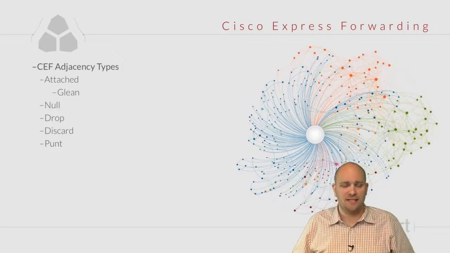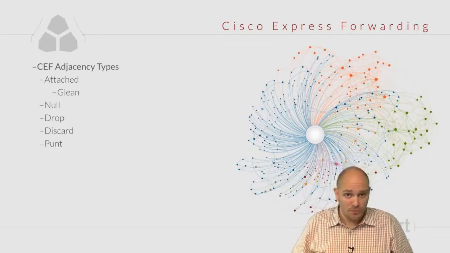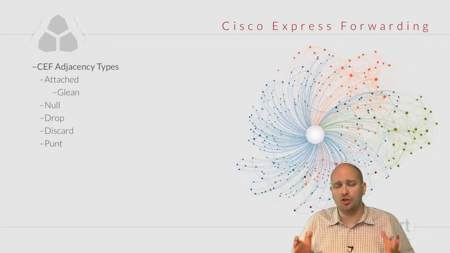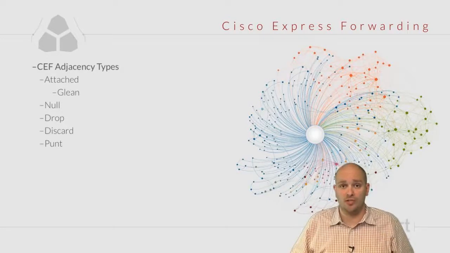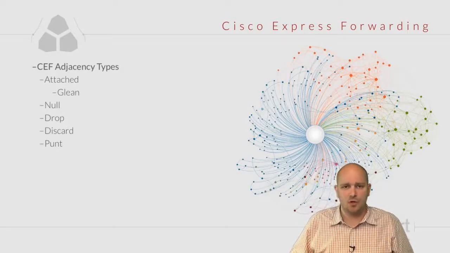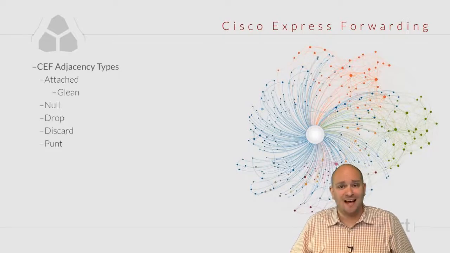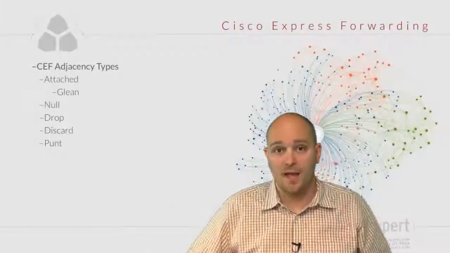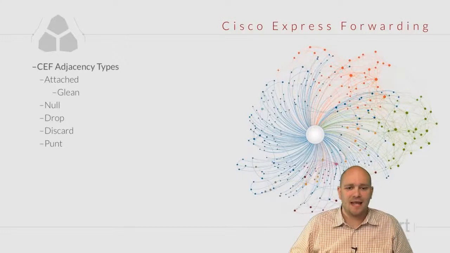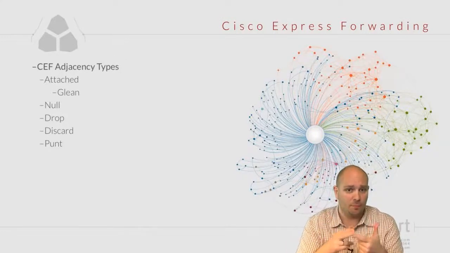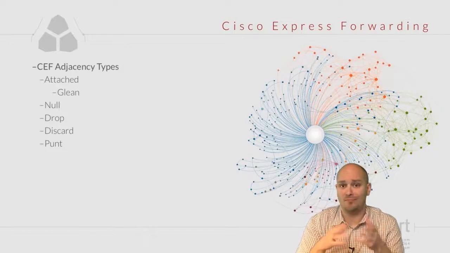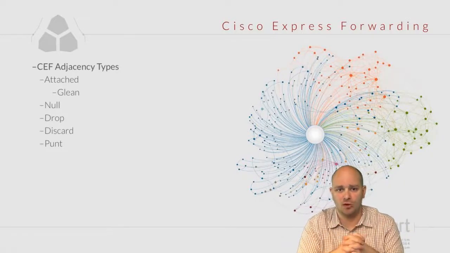The drop adjacency is an adjacency that drops the packets just like the word says, but they are not caused by traffic that is destined towards the null interface. Semantics, you might say. Discard adjacency, on the other hand, is a little bit more complicated. Why more complicated, you'd say? Well, you see, we have three types of adjacencies, null, drop, and discard, that have the purpose of simply not forwarding the traffic.